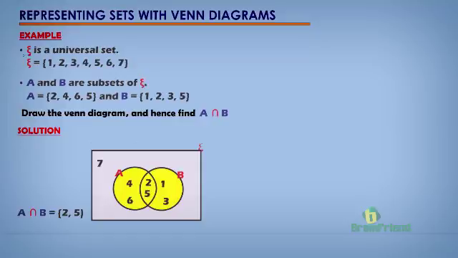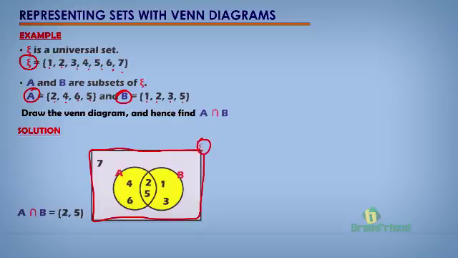If we have a universal set that has elements 1, 2, 3, 4, 5, 6, and 7, and we are given two sets A and B. Set A has elements 2, 4, 6, and 5, while set B has elements 1, 2, 3, and 5. With this information, let's quickly draw our Venn diagram. First, we'll draw our rectangle to depict our universal set.